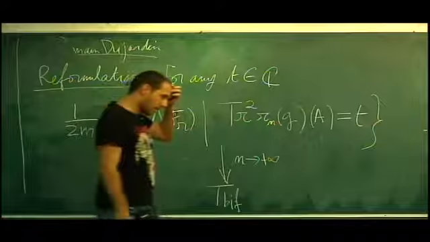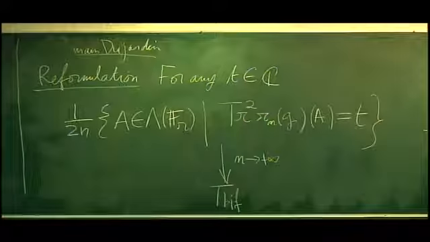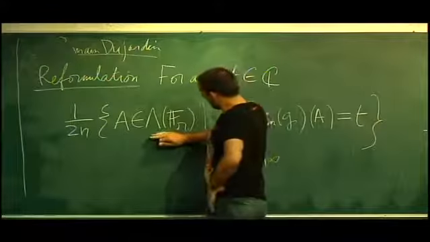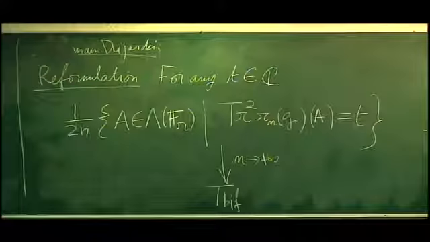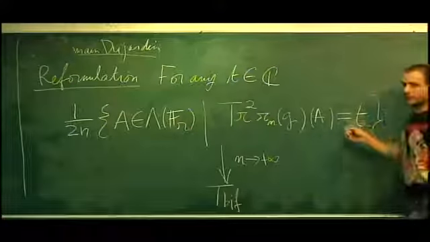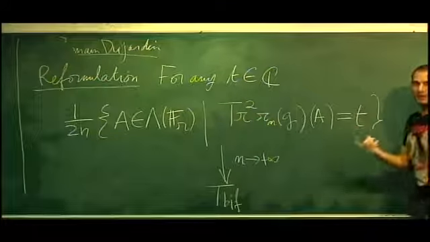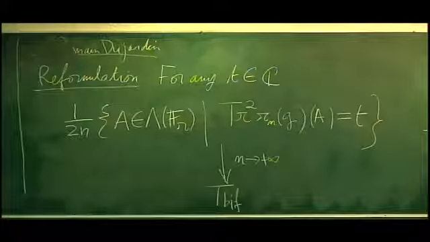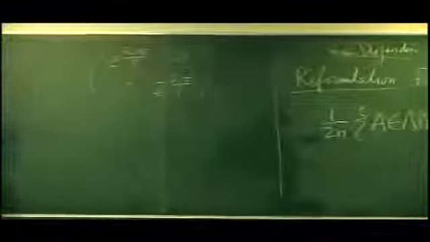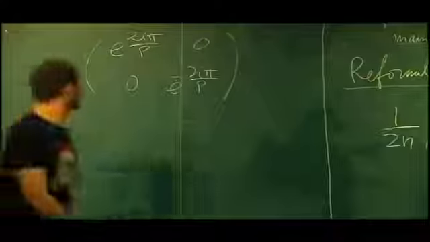So you can read on the trace if an element of PSL2C is of order P. Namely, an element of order P is a rotation, and you compute the trace, it's 2 times the cosine of 2 pi over p.